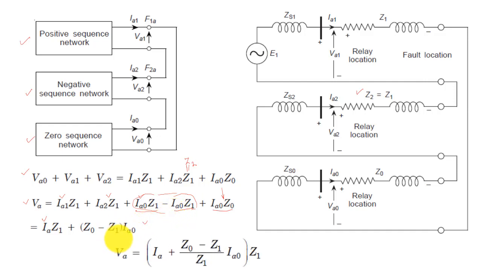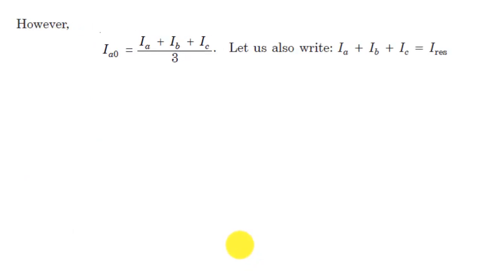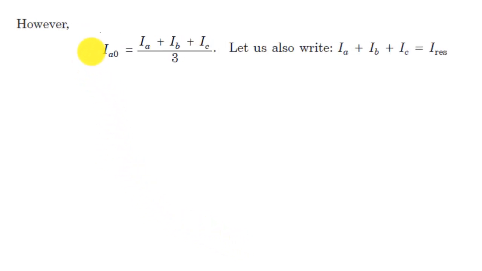Now a little bit of manipulation we will do. I can write VA equal to, by taking common Z1, IA plus Z0 minus Z1 by Z1 into IA0. However, we know that IA0 is equal to IA plus IB plus IC by 3. This is from the sequence parameter equation.